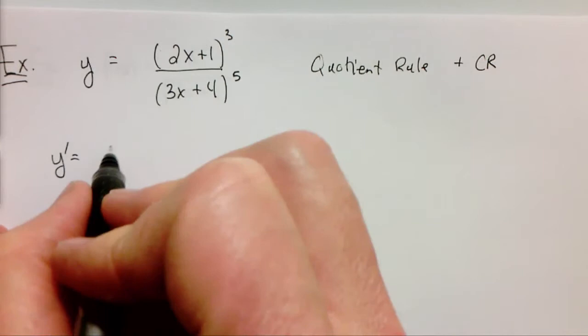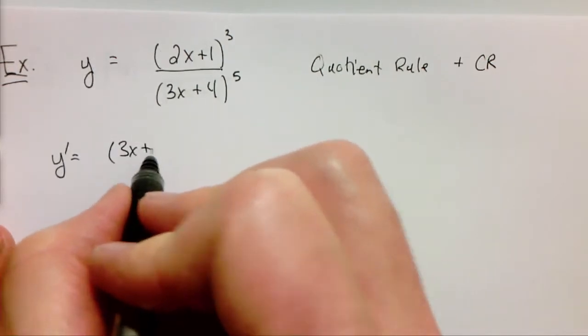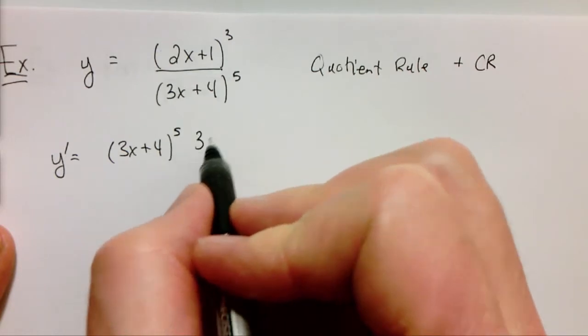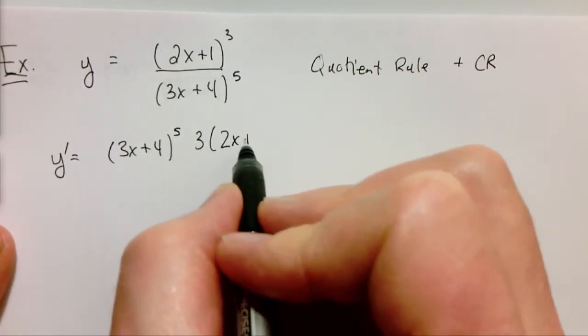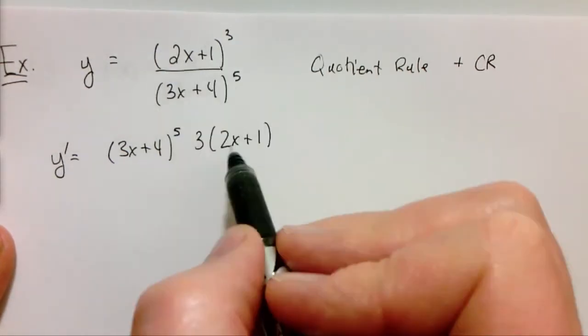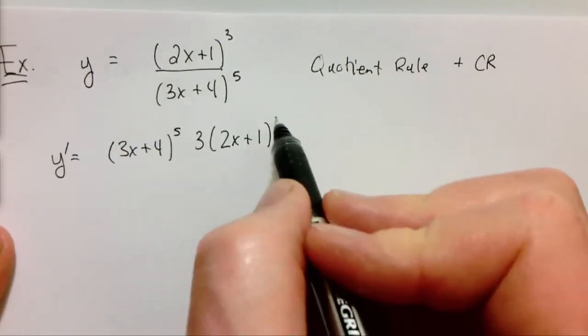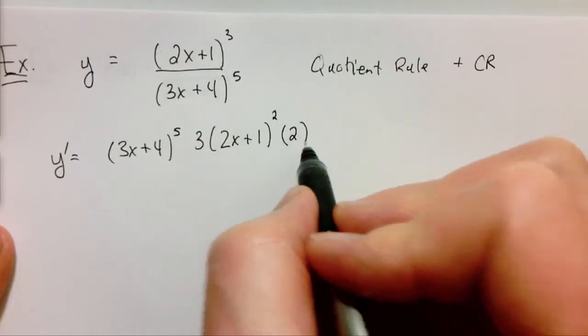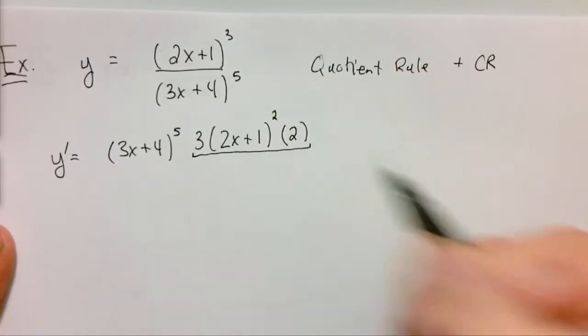So low times d high. This is the chain rule. If I want to differentiate something cubed, I leave what's on the inside alone, bring the exponent to the front, reduce it by 1, and then multiply it by the derivative of the inside. All right, so there's a chain rule piece.